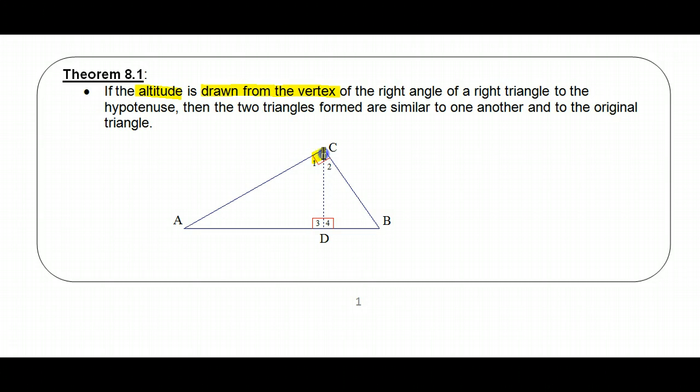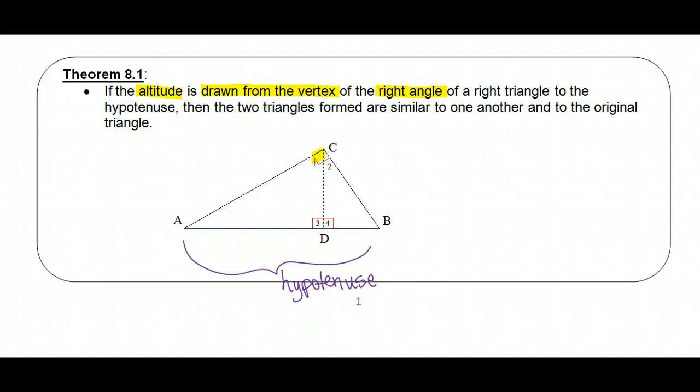Here's the right angle, and then we draw the altitude from the right angle to the hypotenuse. Right here, AB is the hypotenuse. How do we know which one is the hypotenuse? The longest side, the one that's opposite the right angle.